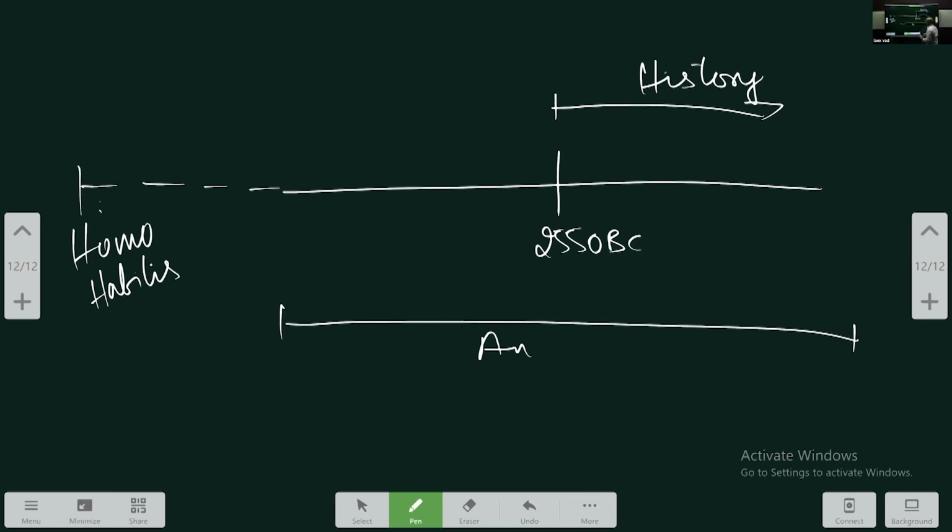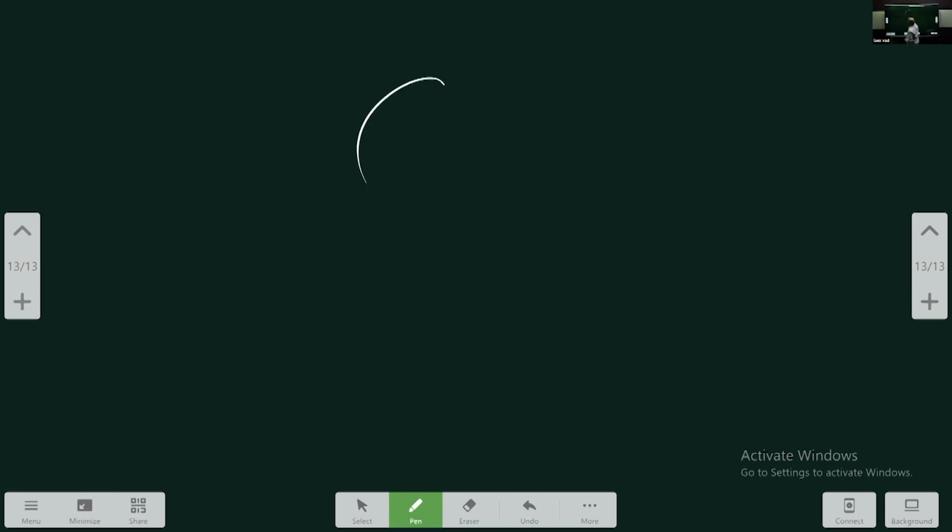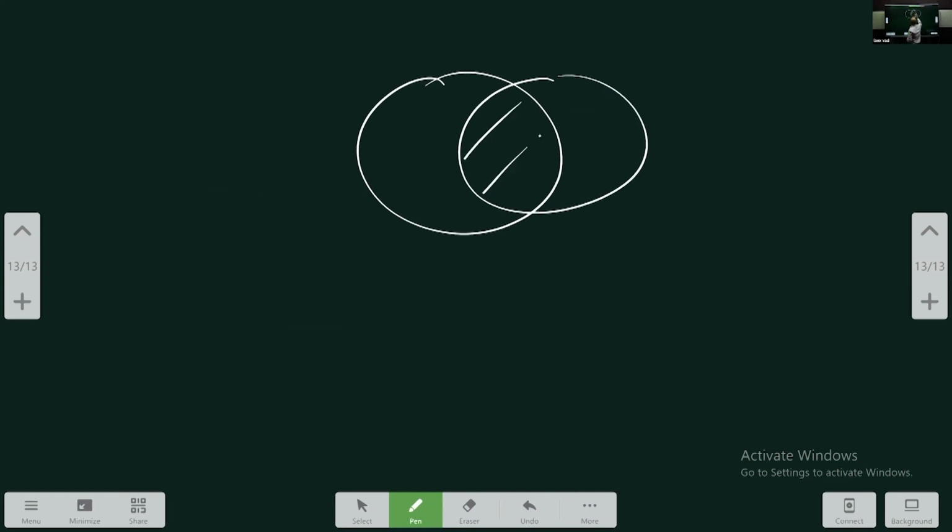But similarly, just like we showed a diagram for sociology and anthropology, we can also show a diagram for history and anthropology. The common thing that they both share is archaeology.